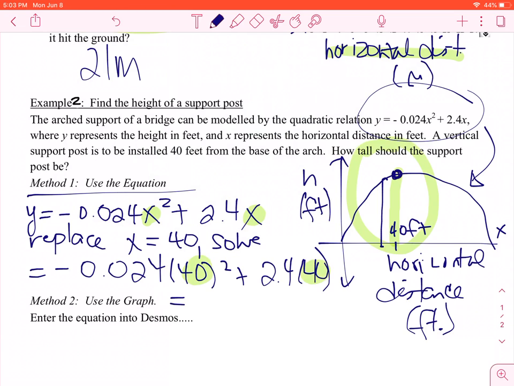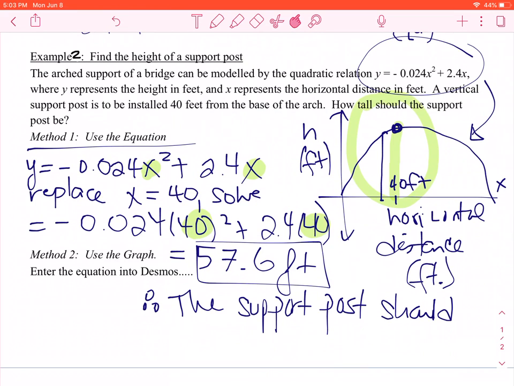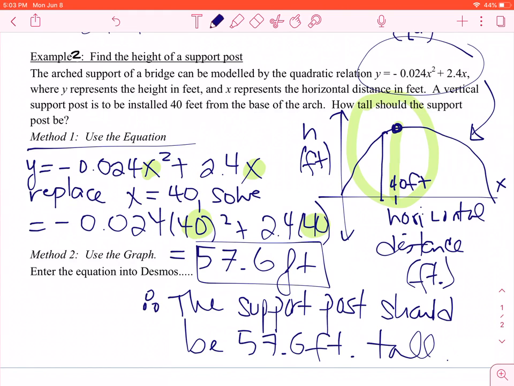Once you calculate it, you will come up with 57.6 feet. Therefore, the support posts should be 57.6 feet tall.